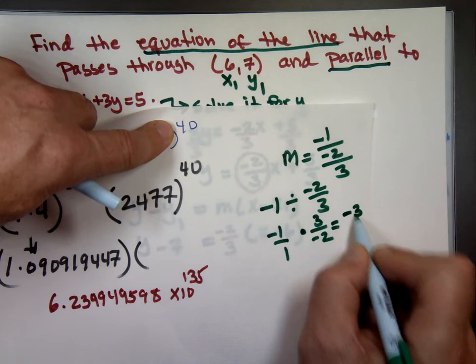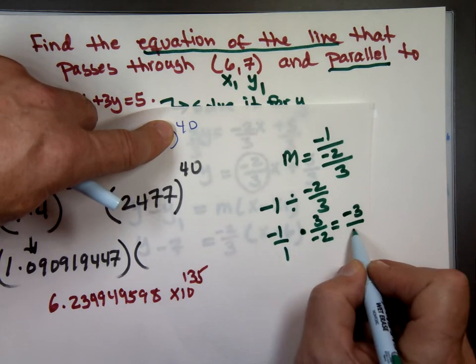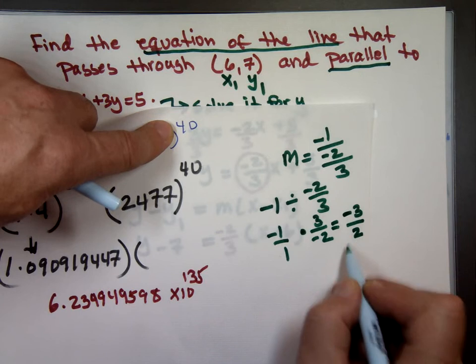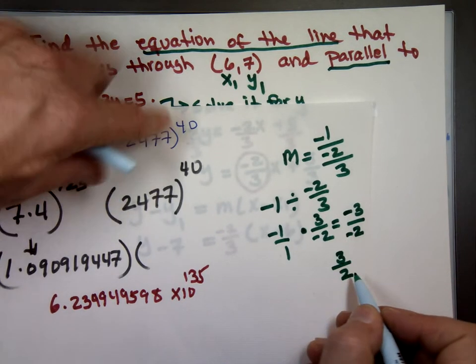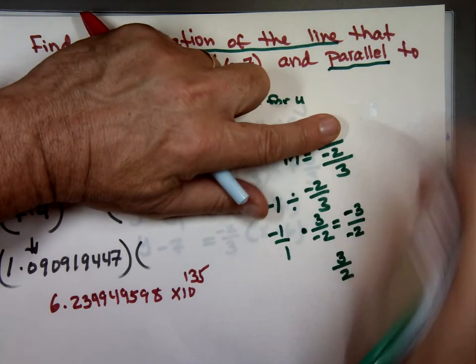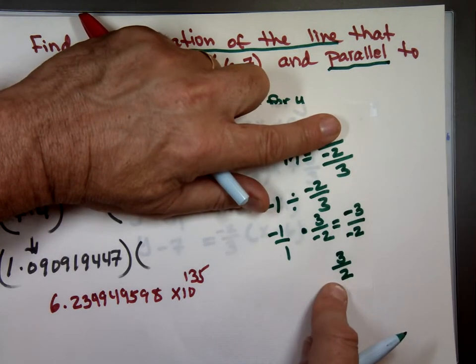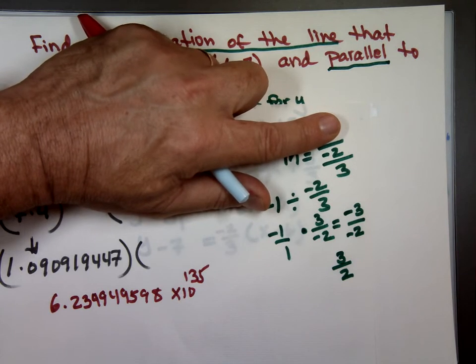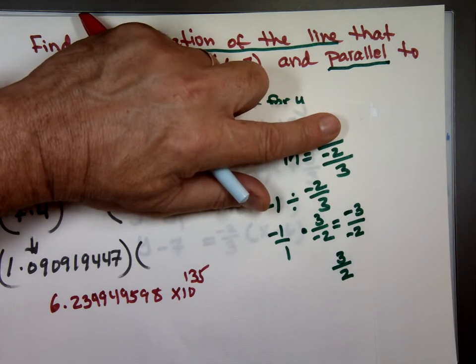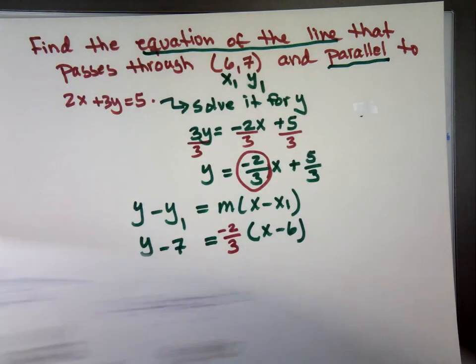What's 1 times a minus 2? Negative 2. Negative over negative, which is what? Positive. So basically, you flip this one, you change the sign. That's the shortcut. That's what everyone says. Flip and change the sign, if it was perpendicular. So you'll be aware of that. It wasn't here, but if it was, that's what you do. That's the only difference, that number.